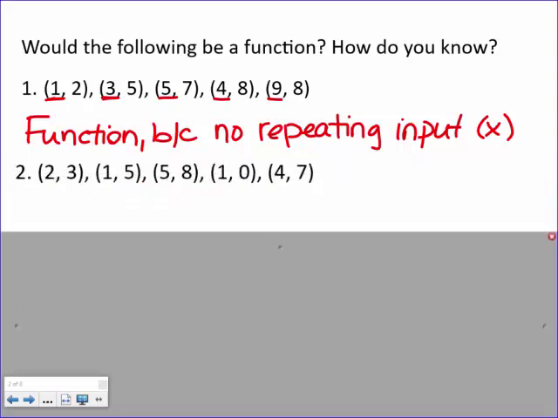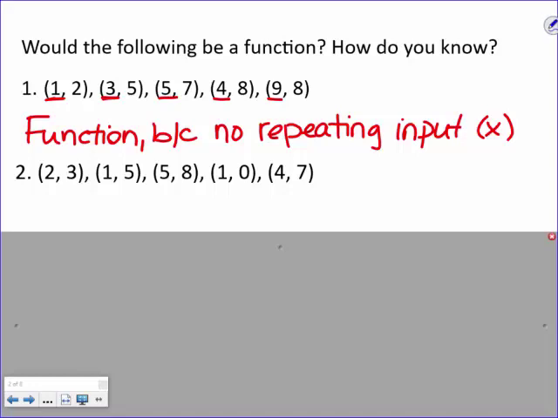All right, write this one down. So same thing here, we're trying to determine if this relation is a function. So what is it that we're going to be looking at?